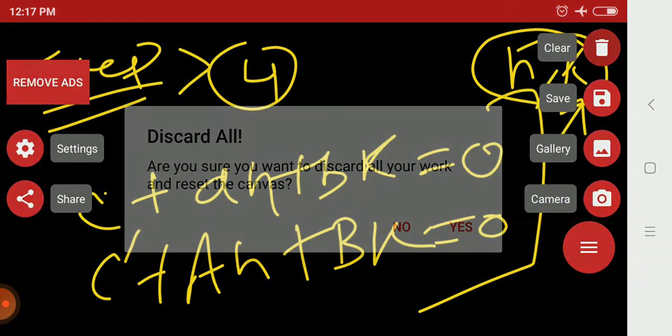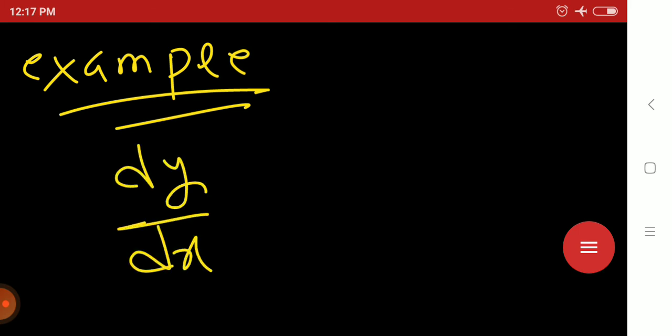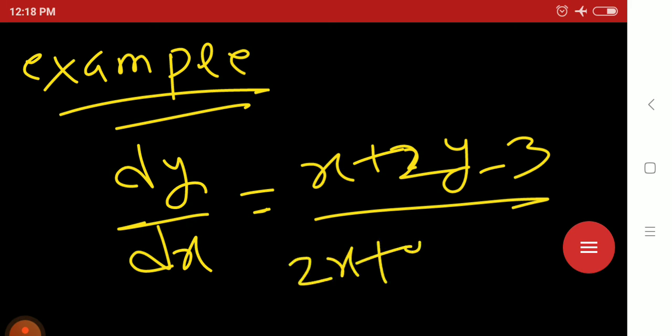If we take an example, then you will get how to do it. The first example is dy by dx equals x plus 2y minus 3 divided by 2x plus y minus 3.